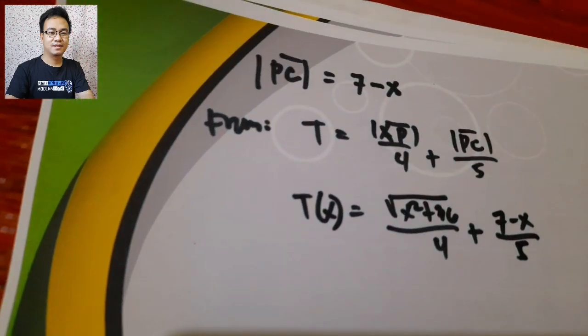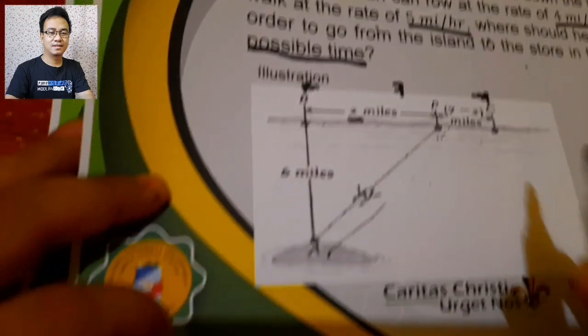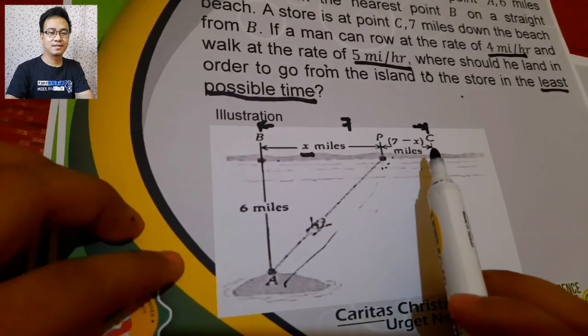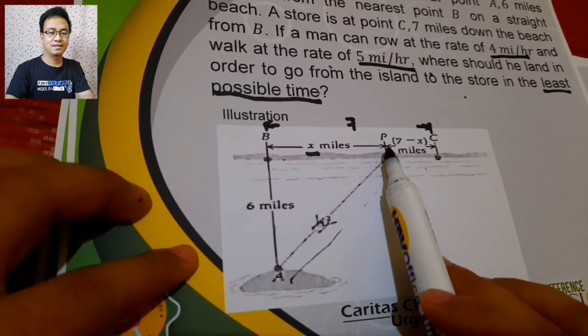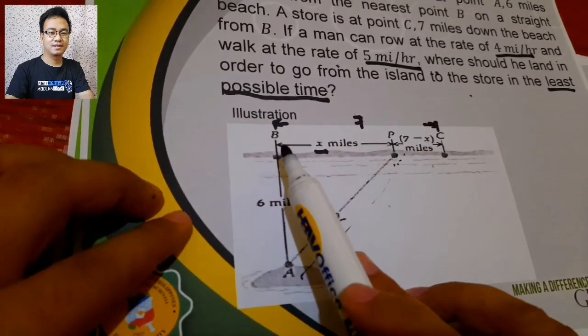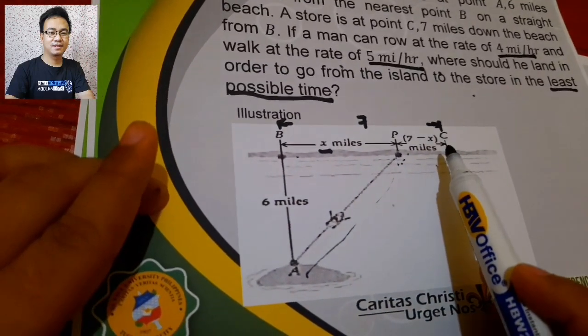Okay? So now, try to imagine, because the distance from B to C is 7 miles, and the distance from P can be any point between B and C. P can be here, can be here, can be here, can be here. We don't know that. Okay?